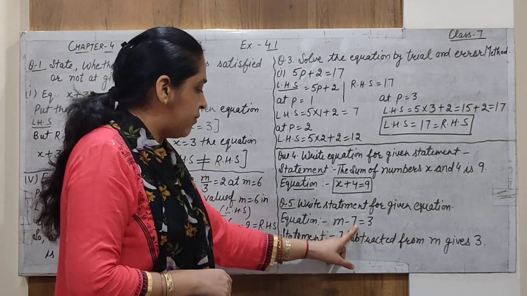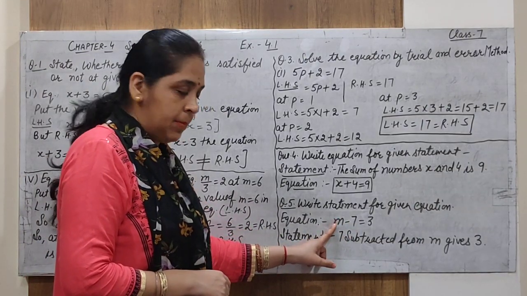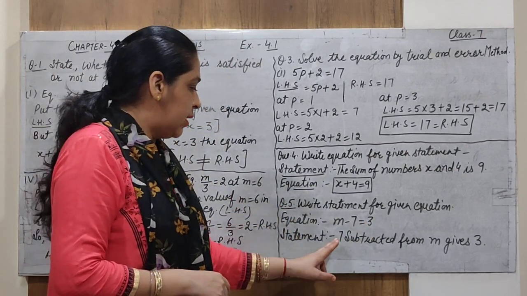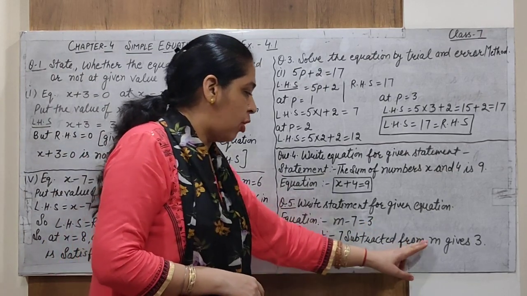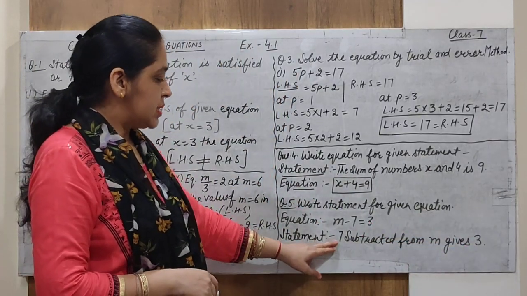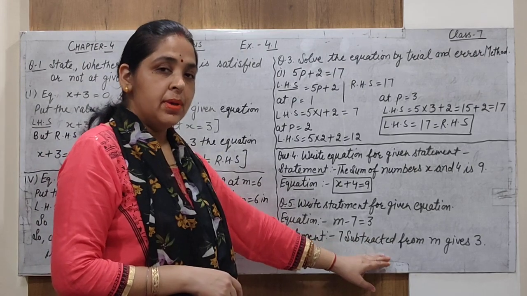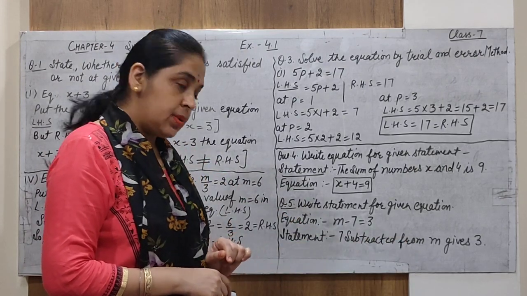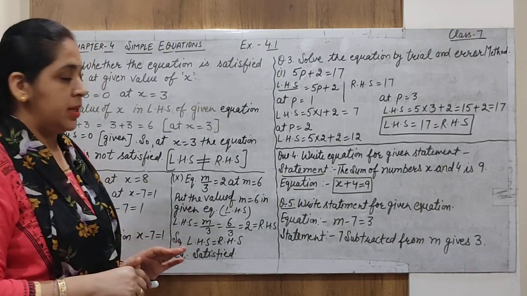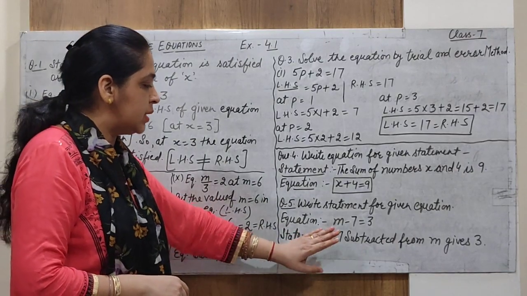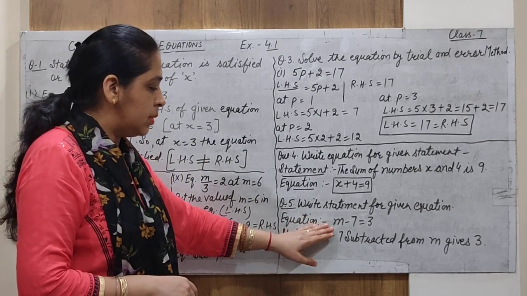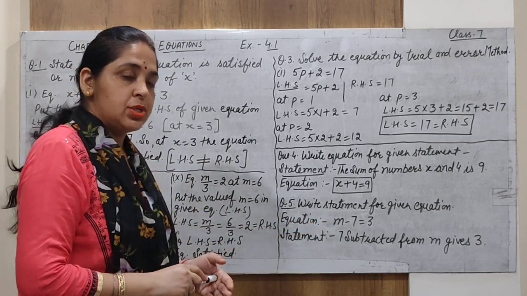The statement is: 7 subtracted from m and the result is 3. So we can write 7 subtracted from m gives us 3, or we can say 7 subtracted from m is equal to 3. In any way we can select the statement according to us, but the statement must be correct, it must be similar to the given equation.